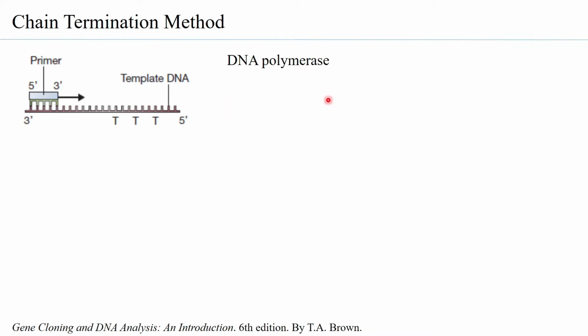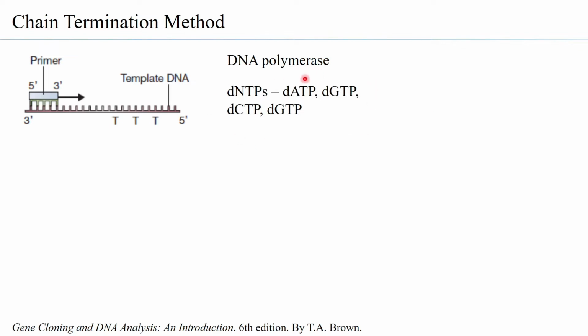Now, in a while, we will understand why we do not need the exonuclease activity. But here, what is important to notice is that the DNA polymerase that you use cannot be just any DNA polymerase. It should not have the 3' 5' exonuclease activity. It should only have polymerase capacity to carry out synthesis.